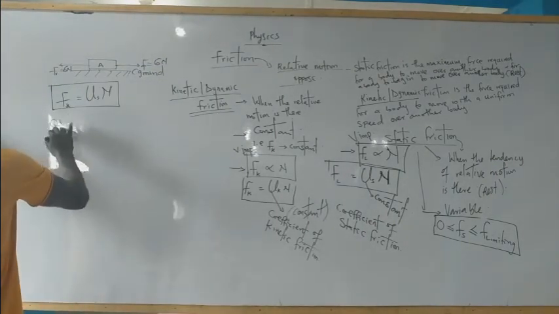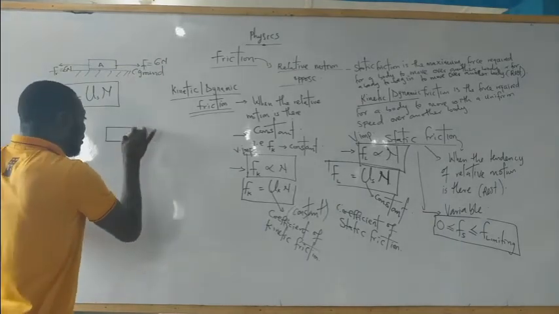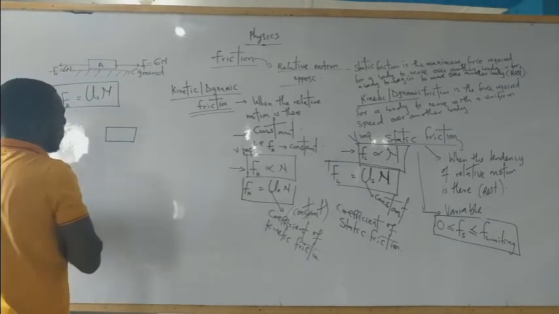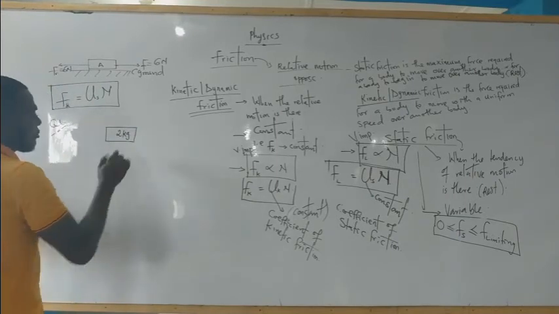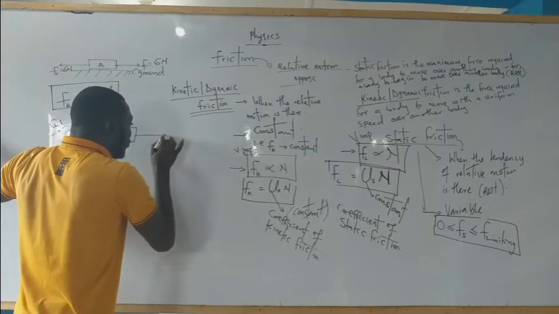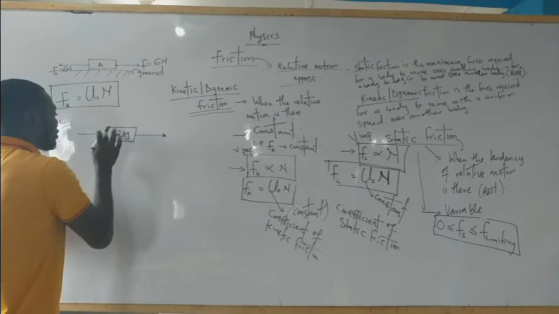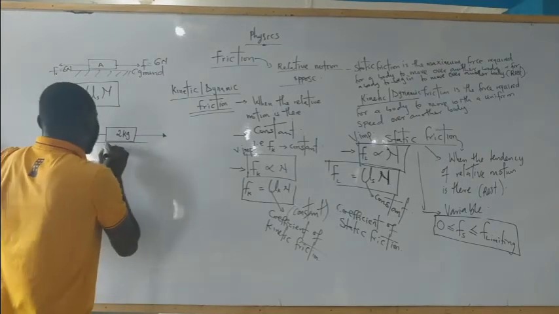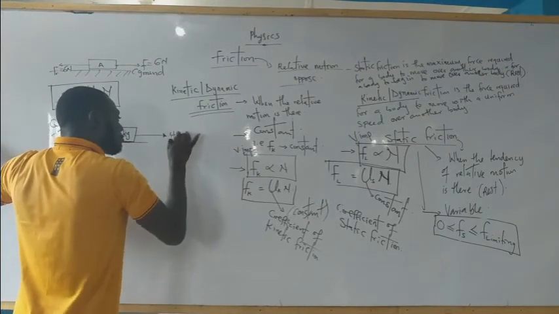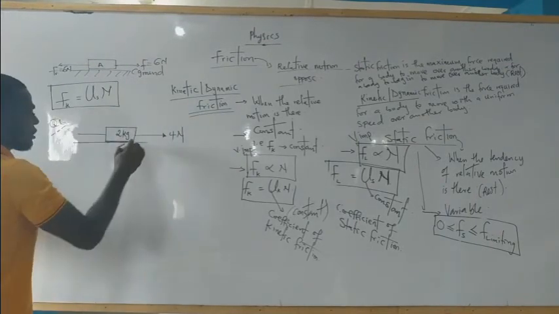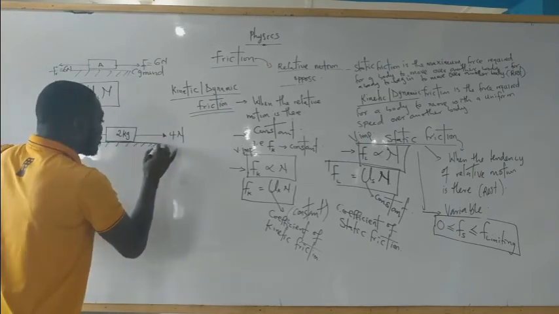Question 1. A box of mass 2 kg is pulled with a force of 4 Newton along the ground.